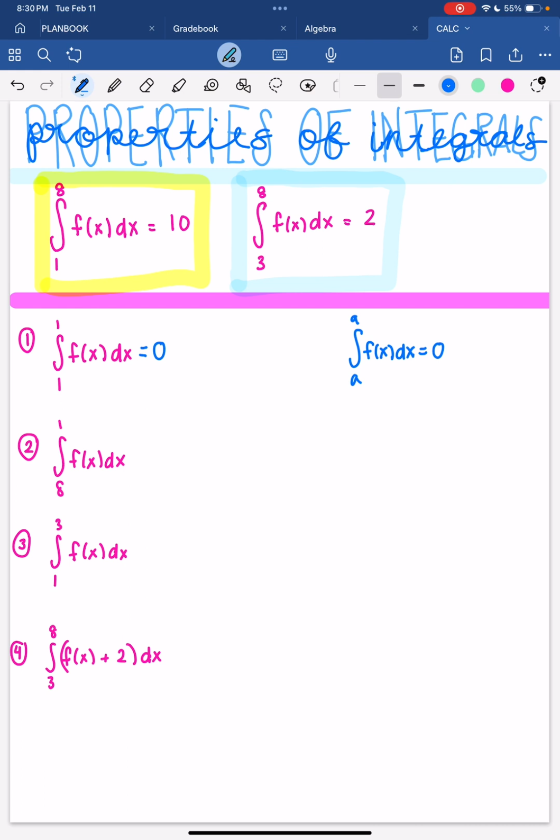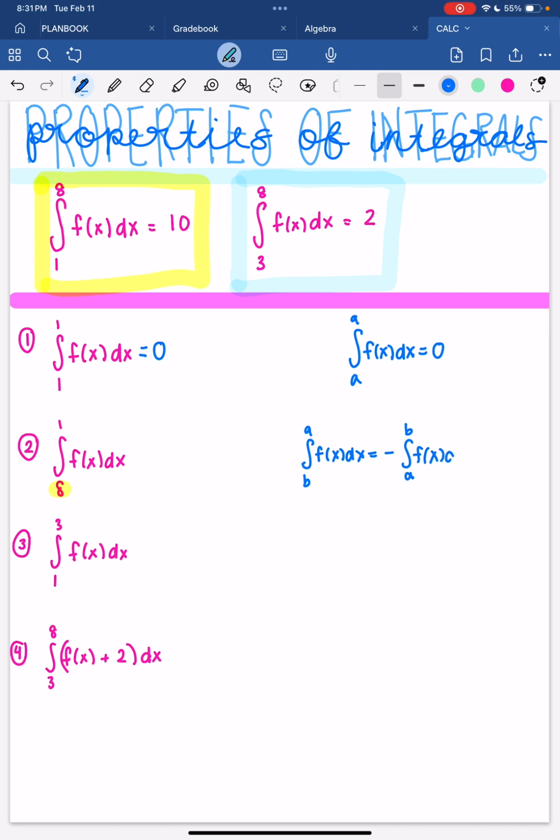Okay, the second property. When we're talking about integrals, the lower bound needs to be the smaller number. If it's not, there's a property that allows us to fix it. If we have an integral from b to a, but we actually want the bounds to switch, we can negate it and flip it.